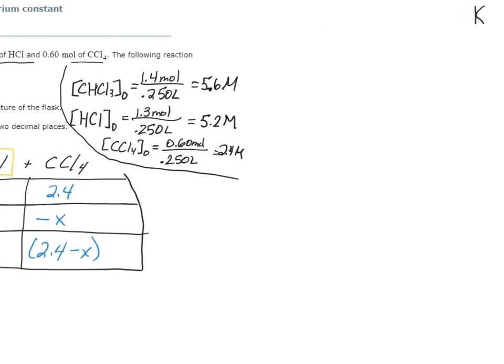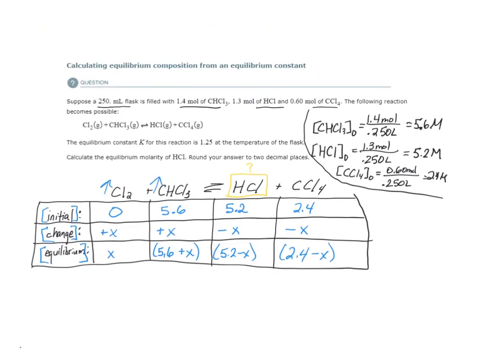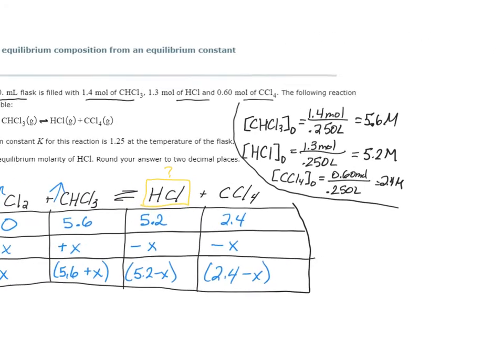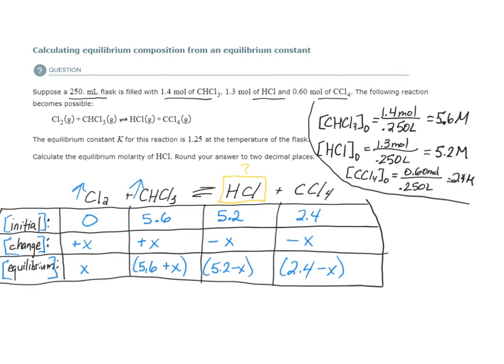So what is the equilibrium constant expression? Well, it's K, the equilibrium constant, and because here we have molar concentrations, we're going to be using Kc. Kc is equal to the concentration of our products, HCl and CCl4, raised to their stoichiometric coefficients, and all of the coefficients are 1.